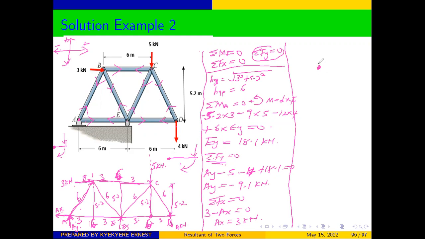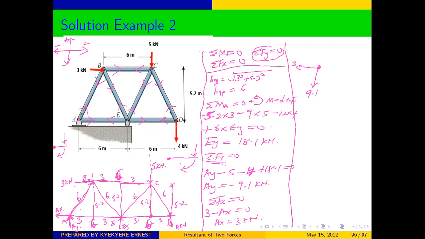When we pick joint A, we know that we have 2 external forces, Ax and Ay. We have Ax going in this direction. We have Ay, which we calculated to be negative, therefore it will be moving downwards, and we know the value is 9.1. Ax is 3.